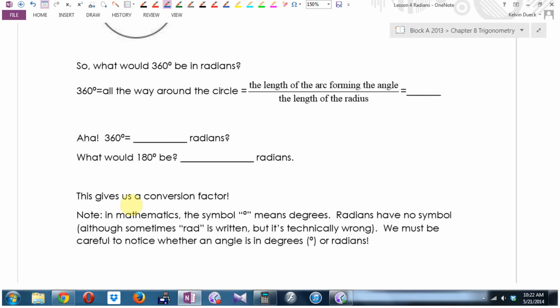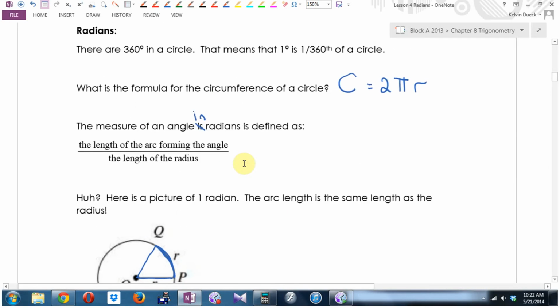What would 360 degrees be in radians? Well, 360 degrees is all the way around the circle. Hey, what is all the way around the circle called? The circumference. What's the equation for the circumference?